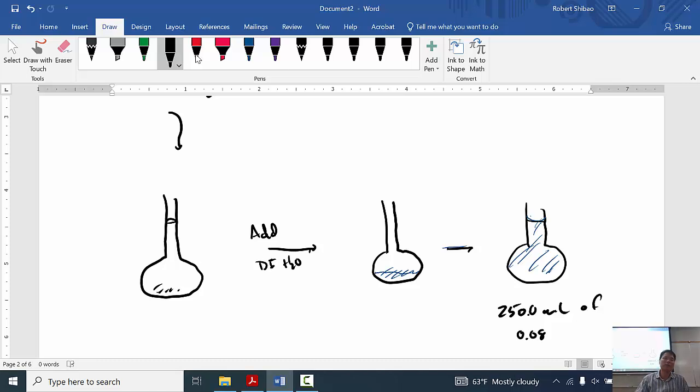Yours is going to be different because you're not going to use the exact amount, right? We're going to use a little less. And so what we should say is 0.0XXXX molar oxalic acid standard.